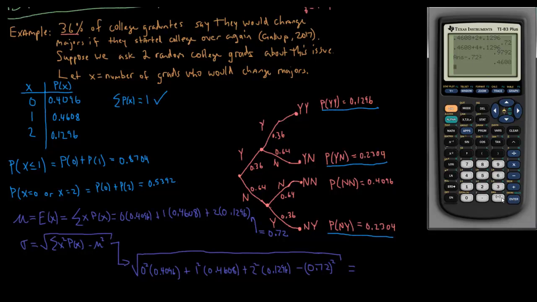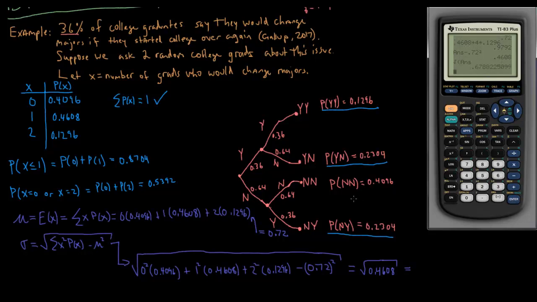And so we get, underneath our square root sign, 0.4608. Okay? And then we take the square root of that previous answer since it's stored for us.